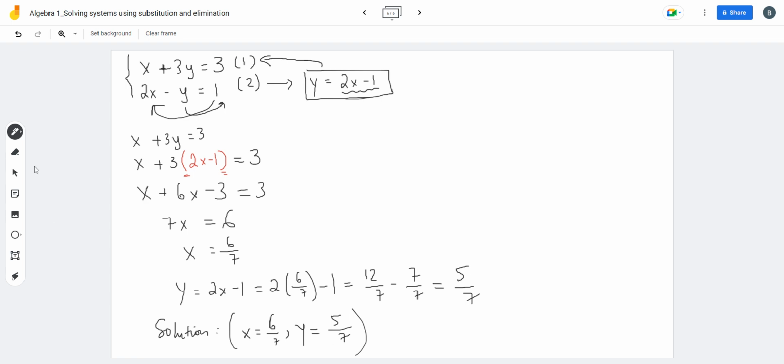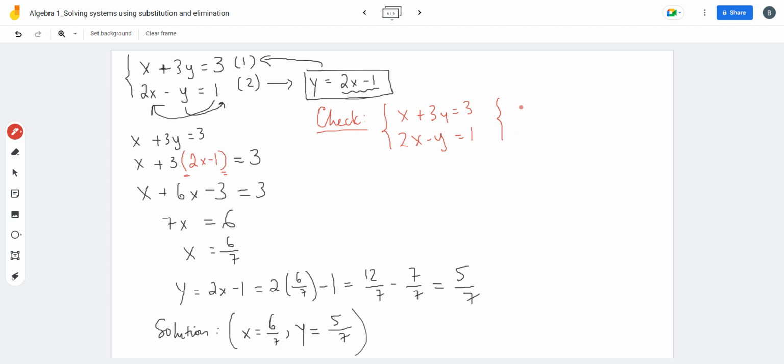Now again, you just have to check your answer. Very important, you want to check your answer. So you're going to put x plus 3y equal to 3, 2x minus y equal to 1. So you're going to replace x and y into these, right?